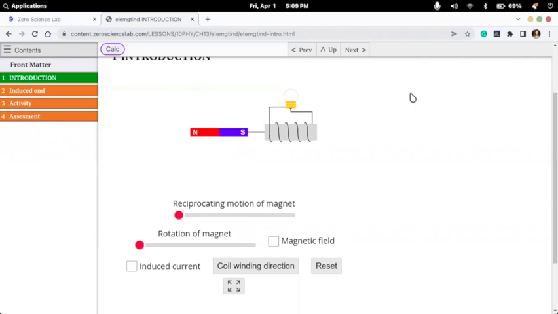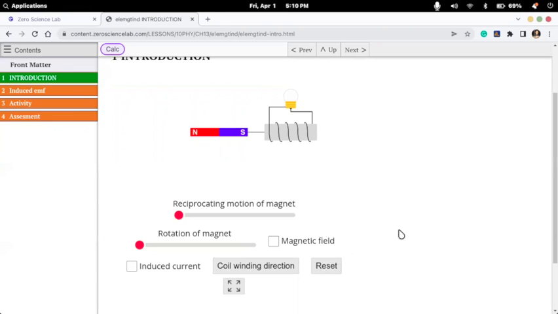The conductor rotates if it is in the shape of a rectangle or a square. Then there is a torque acting, which is called a couple, and it is responsible for the rotation of the object.